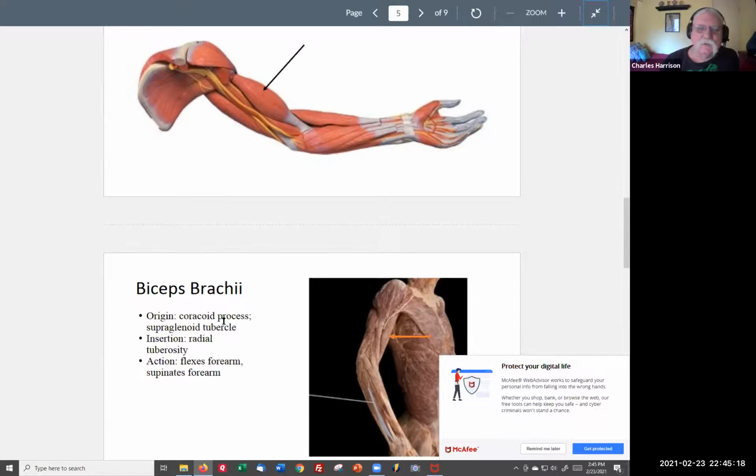Raise your radial tuberosity towards the scapula, and you will be flexing the forearm, decreasing the angle. Actually do these motions on yourself, okay?